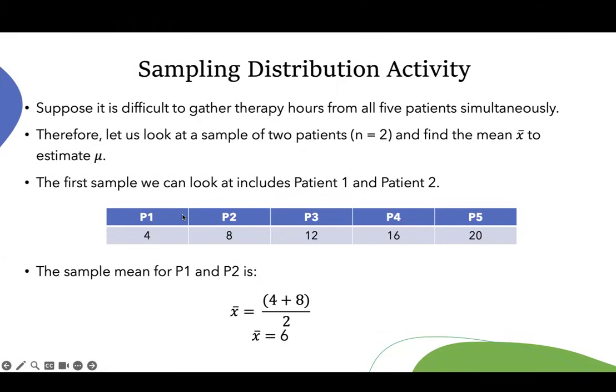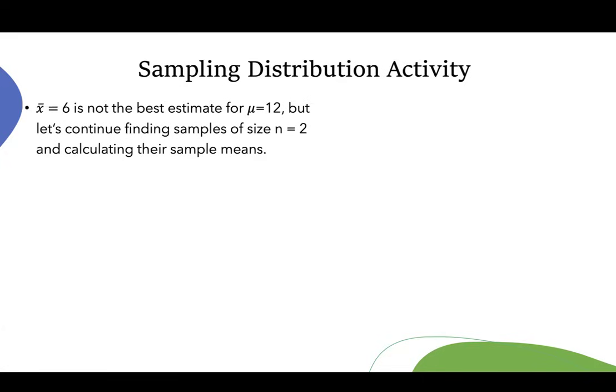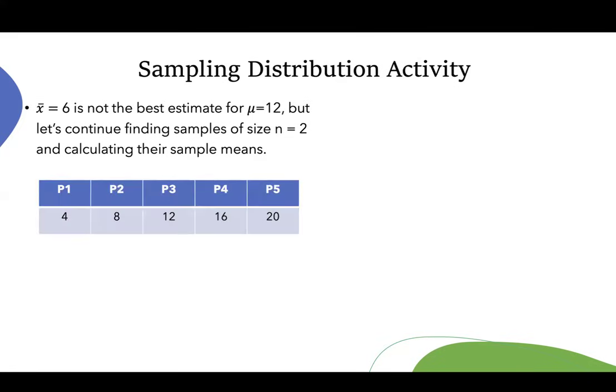So what I'm showing you here is that we can possibly calculate different sample means by picking different samples. Some of them are going to be closer to the true population mean mu than others. So I'm going to show you how we can systematically look through the population to find all the possible samples.